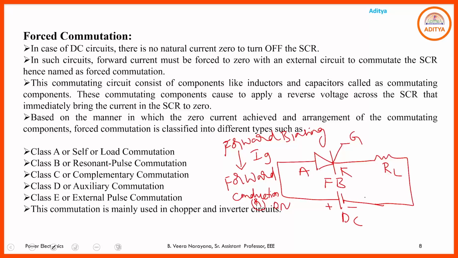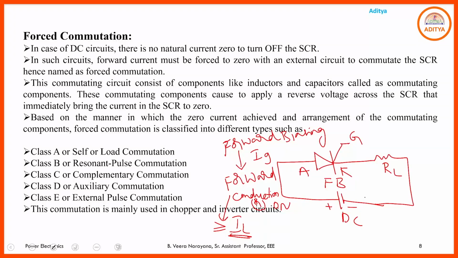If the SCR is in the on state and you ensure that the current flow through the SCR is greater than or equal to the latching current, then even though you remove the gate voltage, the SCR is continuously in the on state. Continuously in the on state means the gate loses its control over the conduction of the SCR.